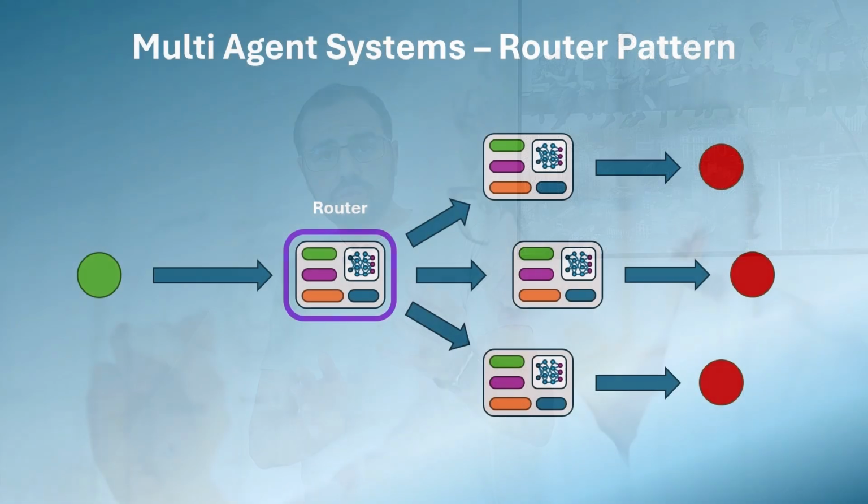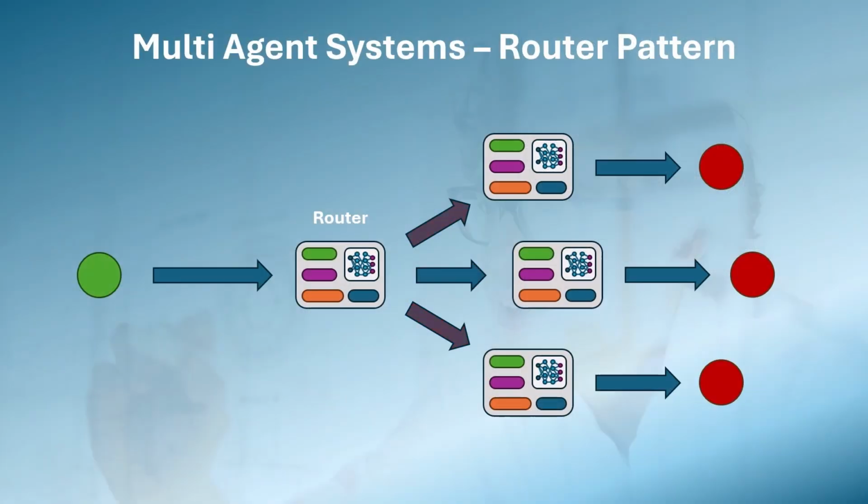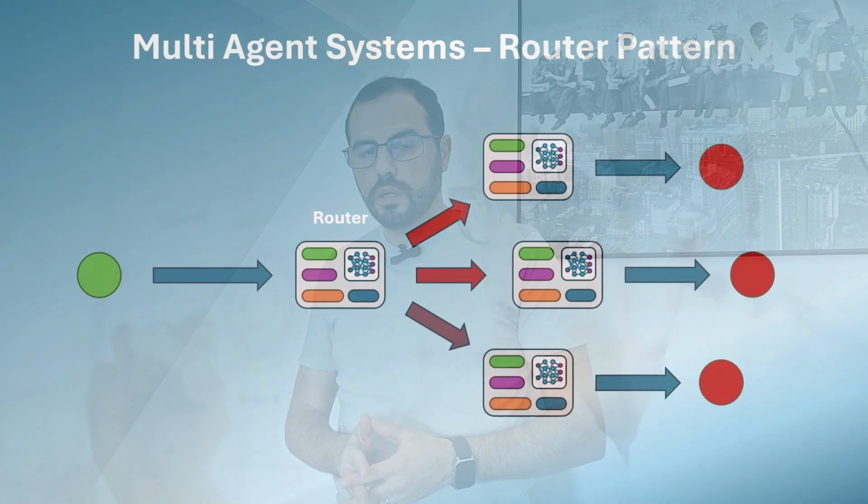Here in a router pattern, we have a router, and we have different types of agents specialized in a specific topic. But the router here is not a manager. He does not have the knowledge of the full process, and he does not lead the process to the following tasks.